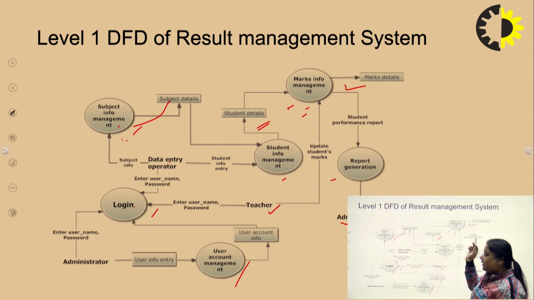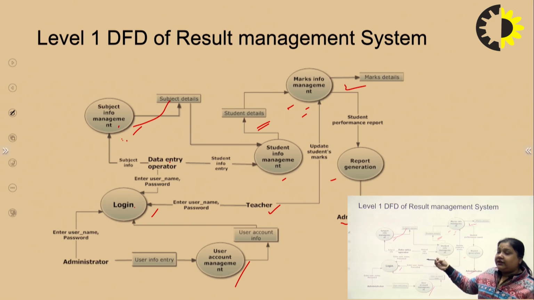So this is the complete overview of the problem statement of the result management system: what people are engaged in this process and what type of process they have. All the functionalities of the system have been defined in this level 1 DFD.